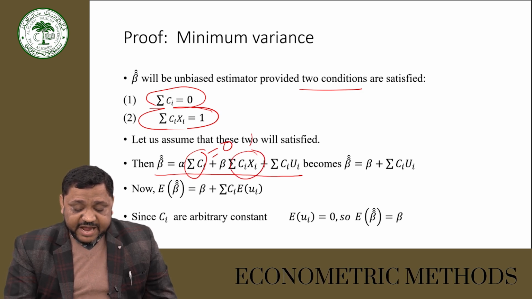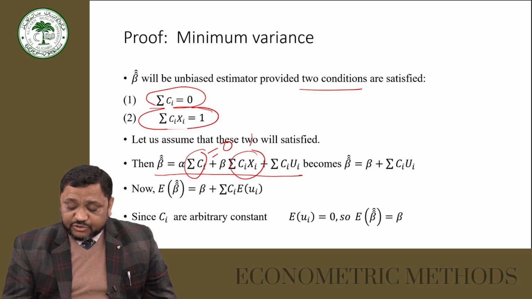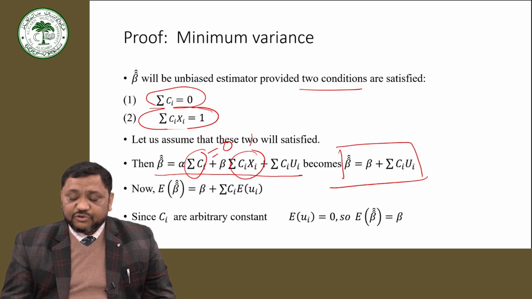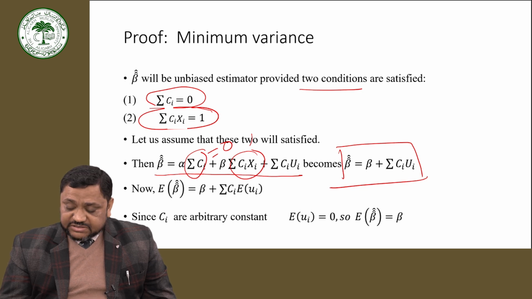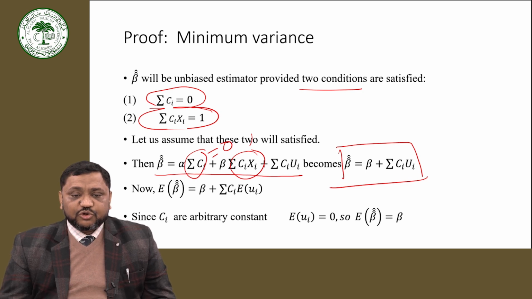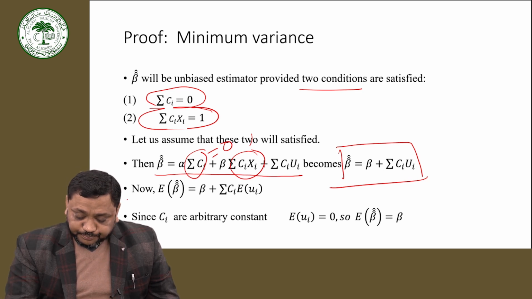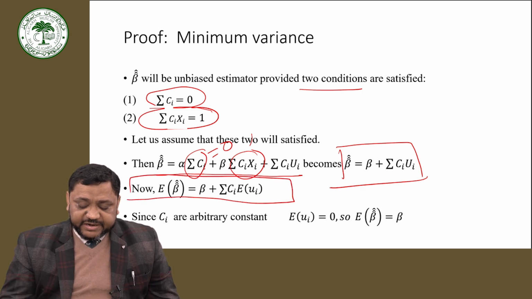Now summation ci is 0 and summation ci xi is 1. So we can say that beta double hat is equal to beta times 1, or you can say beta plus summation ci ui. Now we take expectations.